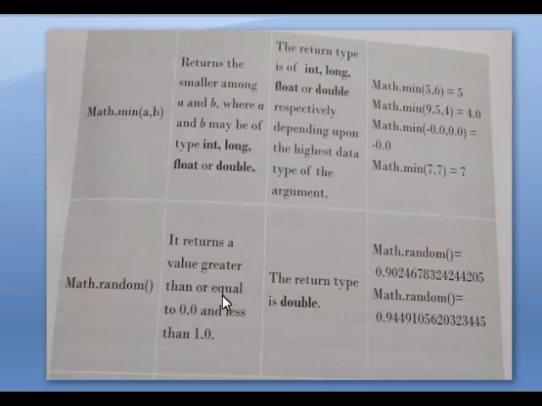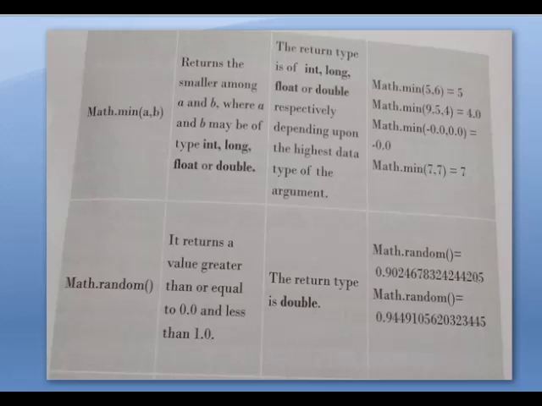For example, math.random gives some values, that is the random value, and the data type of this random value is double. Here you see 0 point, the digits go on like this, so we cannot take the return type as float. If it is a big decimal value, the data type will be double.